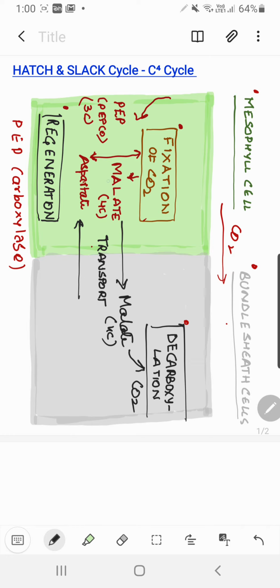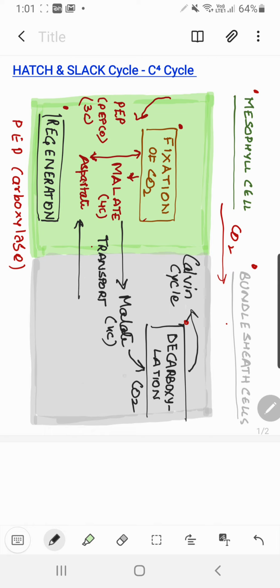That means this malate carried CO2 from the mesophyll side and unloaded it on the bundle sheath side. After decarboxylation, the CO2 which was unloaded is going to perform the Calvin cycle. This CO2 will be fixed in the Calvin cycle. So the whole route that we have drawn here is a longer route which is followed by C4 plants.